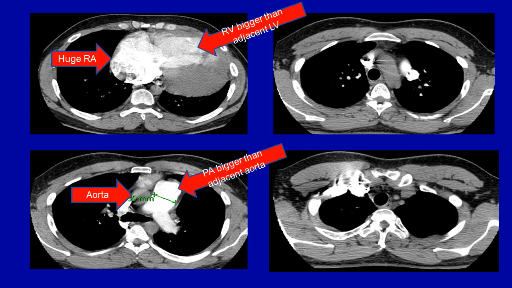If you go up a little bit higher on the cuts, you see where his aorta is, and really the pulmonary artery ought to be smaller than the aorta, and in his case it was probably about 50% larger. And both of these suggest that he had right ventricular pressure and volume overload.